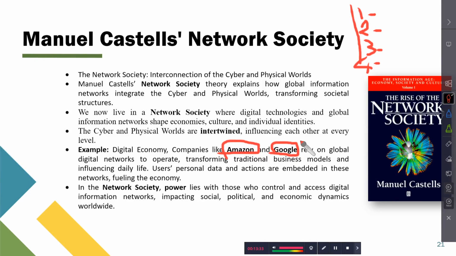In the network society, data becomes an invaluable resource driving the development of AI and big data technology, because network society has many data. And not only data, but also algorithmic government. As more of our lives are mediated through the digital network, algorithms play an increasingly important role in the decision-making process.